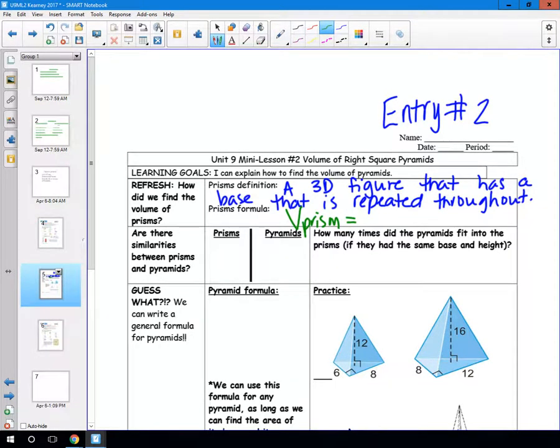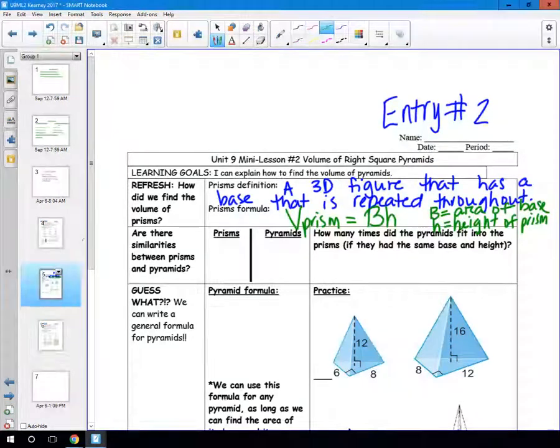Can you remember? Okay, let's see if you got it right. Volume of a prism is big B times H, where we said big B was not just the base, it was the area of the base. So we had to first find the area of the base, and then H was the height of the prism.